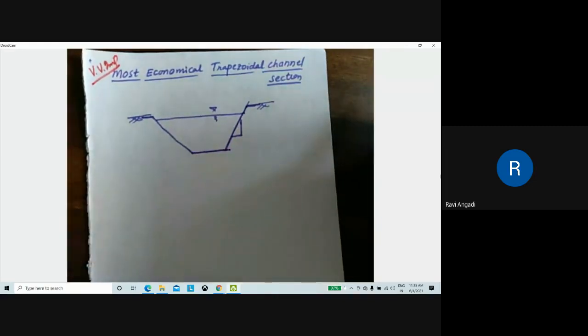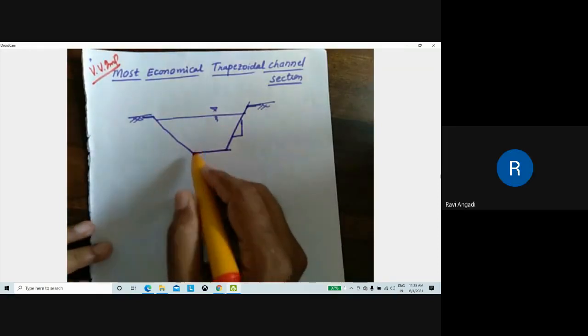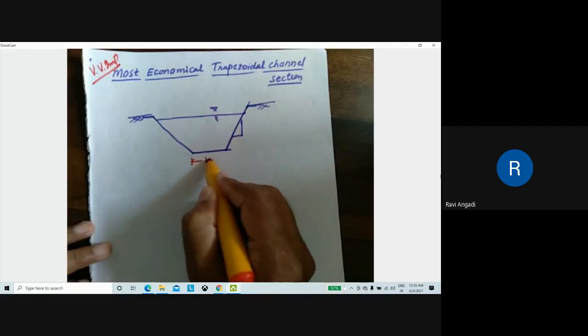With this we'll start with the trapezoidal channel section. I hope all of you have taken this figure. Now, to mark it, take the bottom width B here.